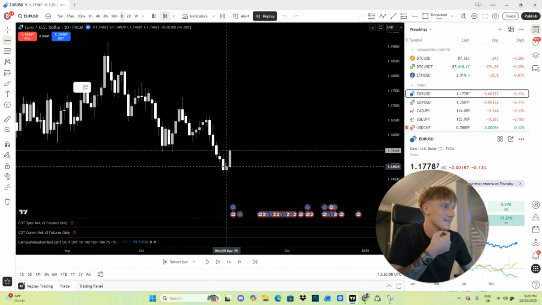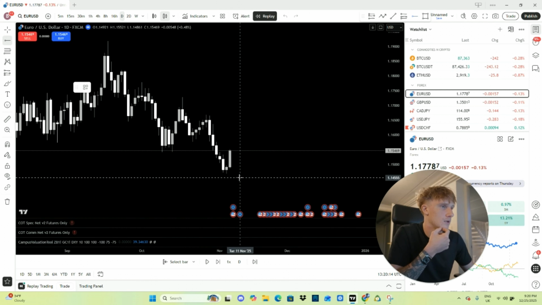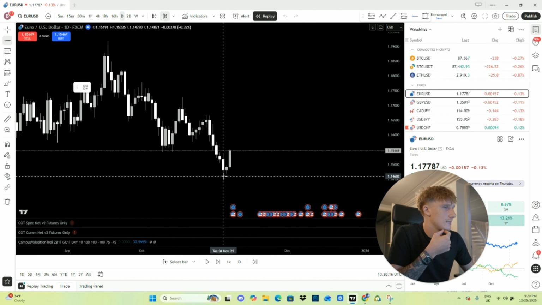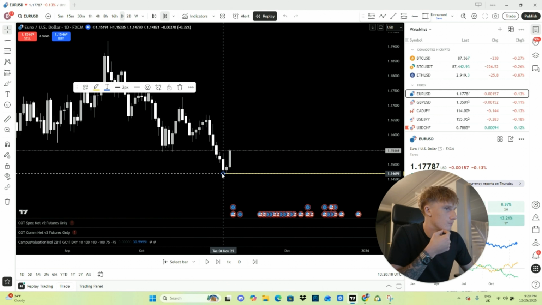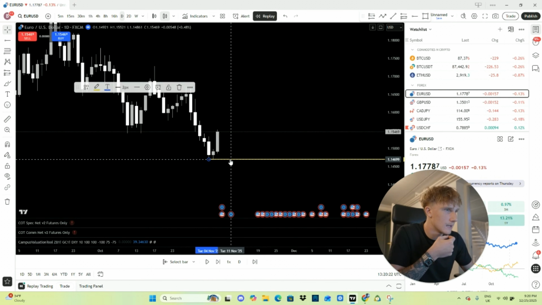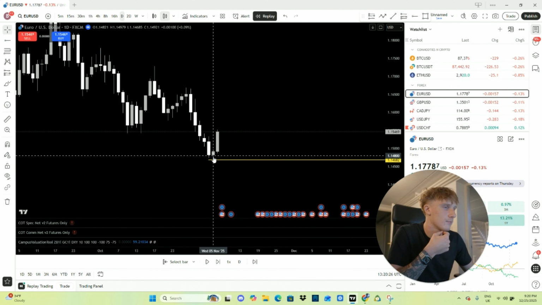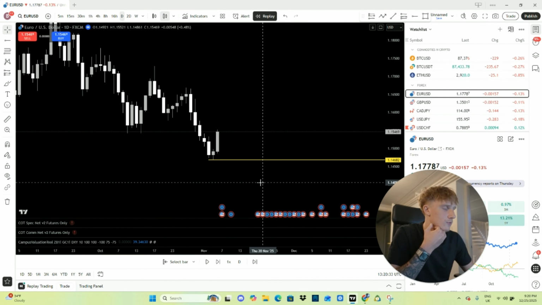Specifically, I mean the base, and the base is formed of the indecisive candles, right? So the lowest area that price reached would be here, yeah? Because we can see that, maybe even a little bit lower. There we go, cool. So we can see that price wicked down here, meaning that this is the lowest area that price reached, okay? Pretty straightforward.